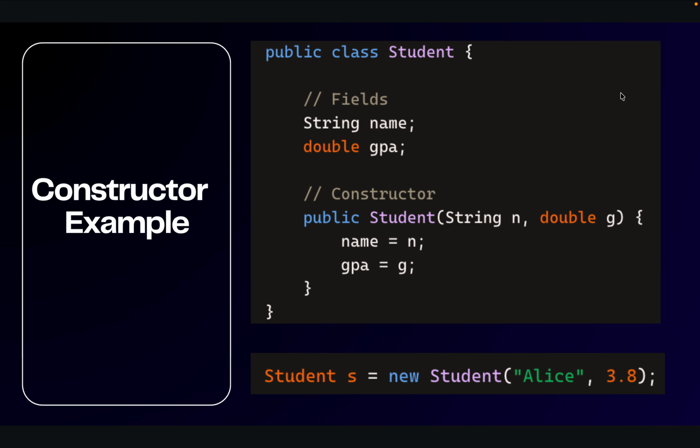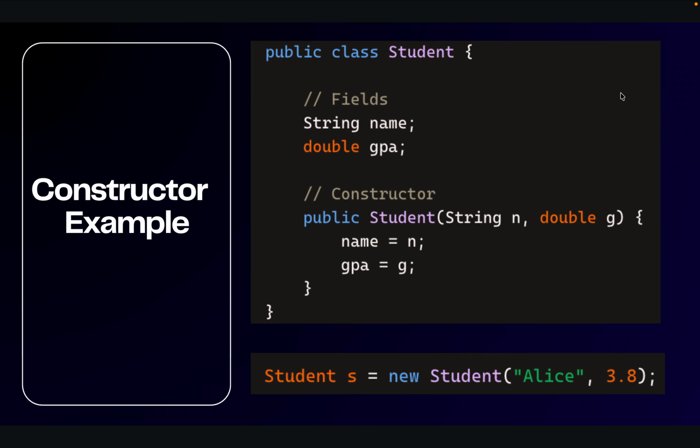So in this case, you see that our constructor name and our class name are the exact same. It is taking in two values, which is String n and double g, which are going to connect back to our fields.